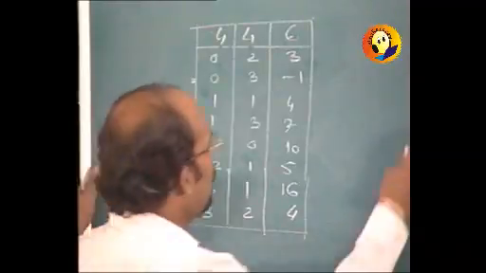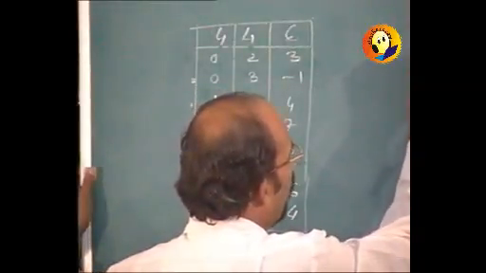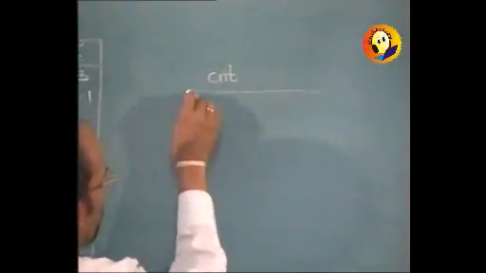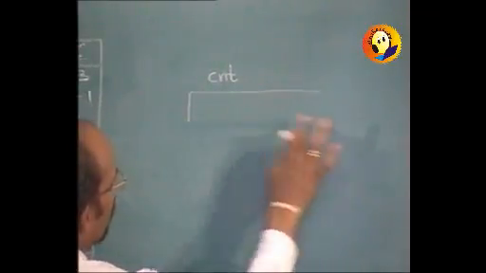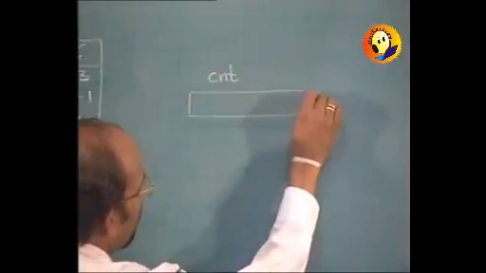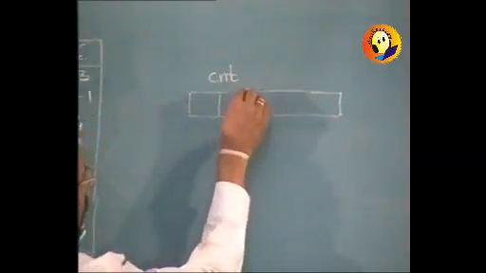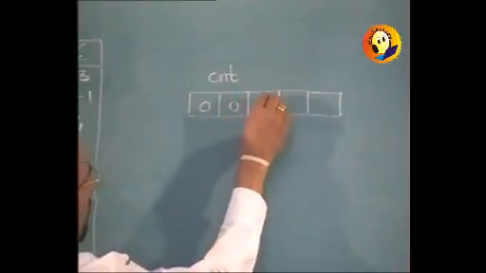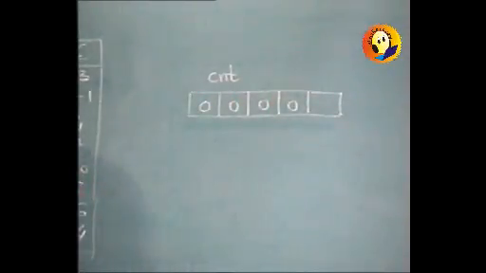Now I will be using one more array called, say, count, and this array will be initialized to 0. It's an array of counters.